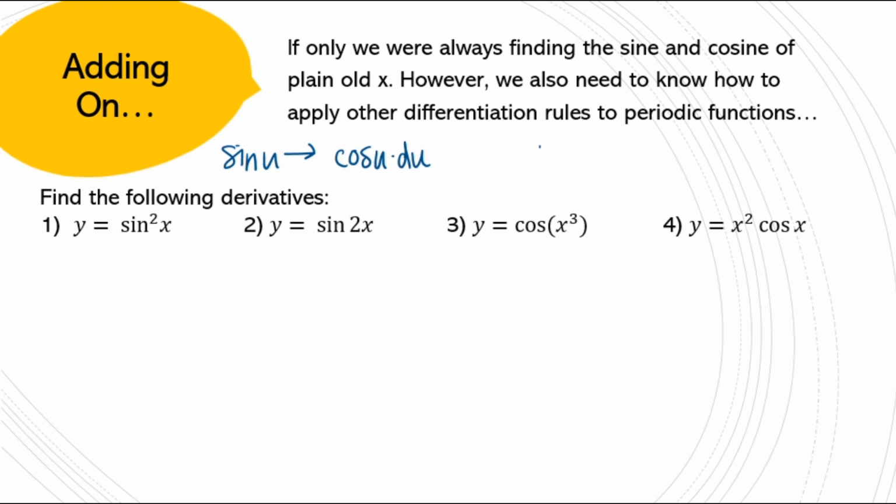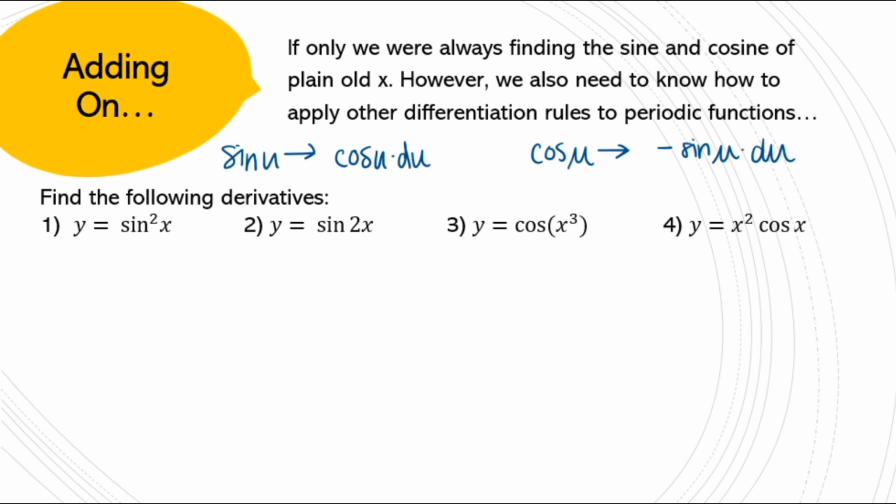Same if we were doing the cosine of a function, suddenly we might be looking at a derivative that is negative sine of that function times the derivative of it. So we're going to go through a few examples here just to kind of understand what the questions are asking and how we go about it.